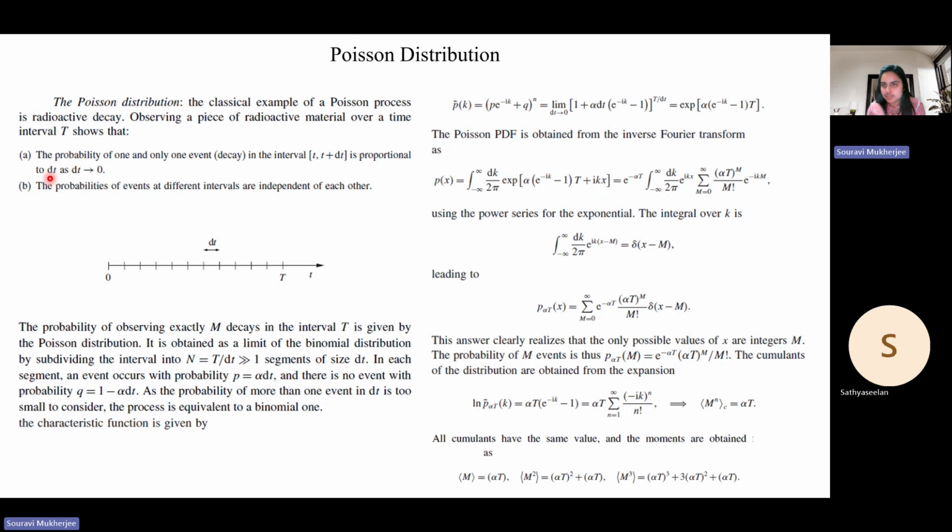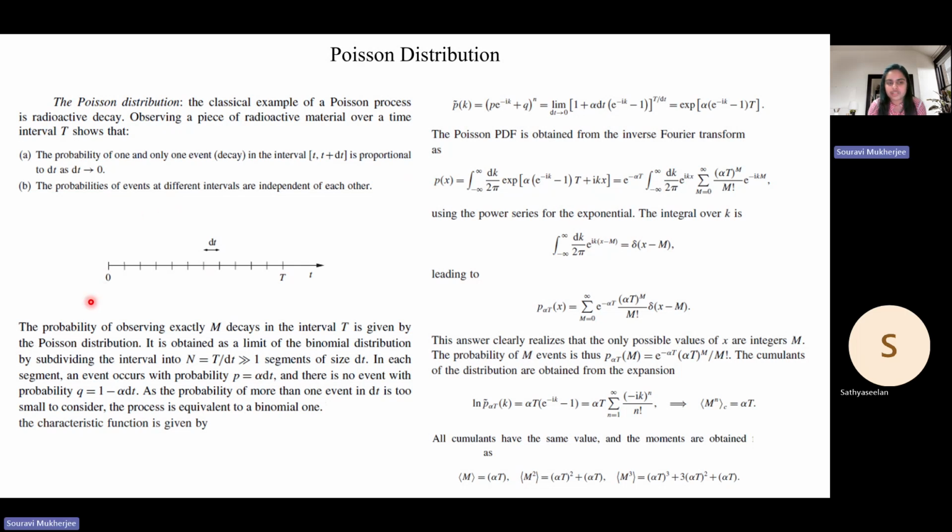So you say that between t and t plus dt, the occurrence of the event has a probability of alpha dt. And for whatever time you have, you divide your time into very small intervals, so dt tends to 0. And for each of these time intervals, the probabilities are independent of each other.